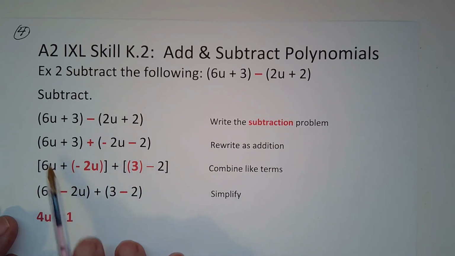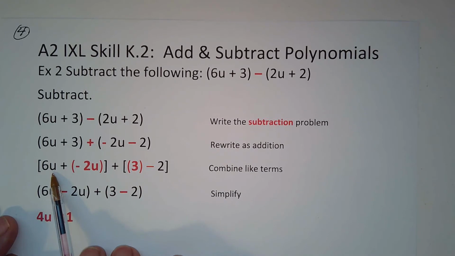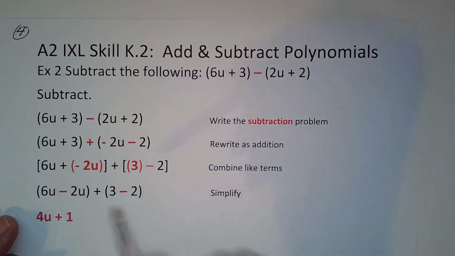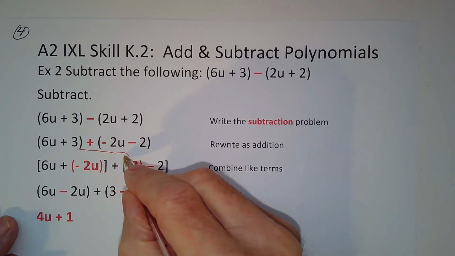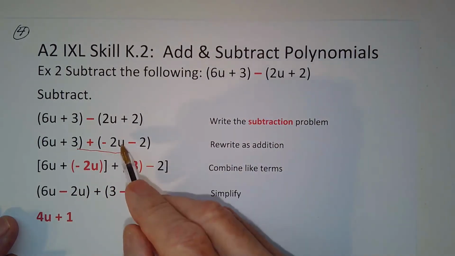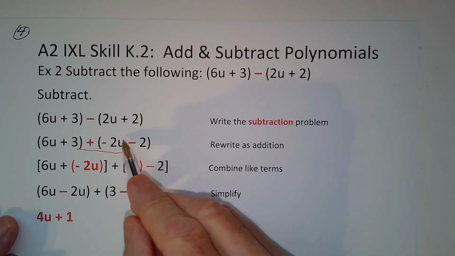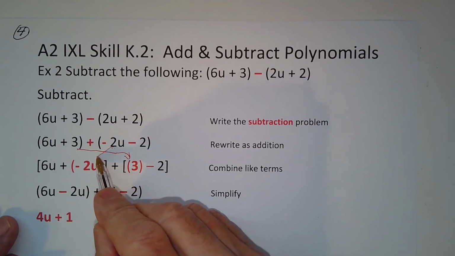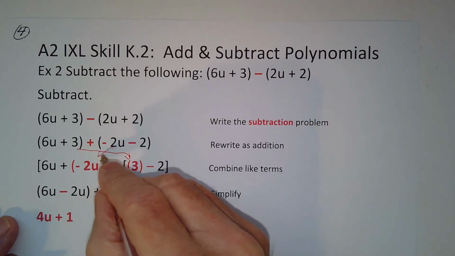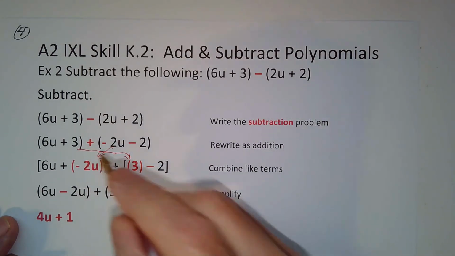So I'm going to leave the 6u, here it is down here. I'm going to remove the 3, and I'm going to put it into the second binomial. And I'm going to take the -2u, because it has a u associated with it, and I'm going to move it down into the second term for the first binomial.